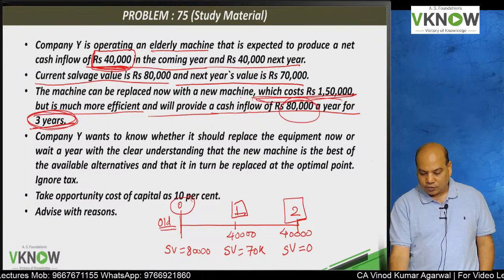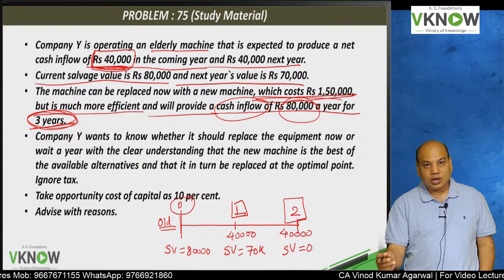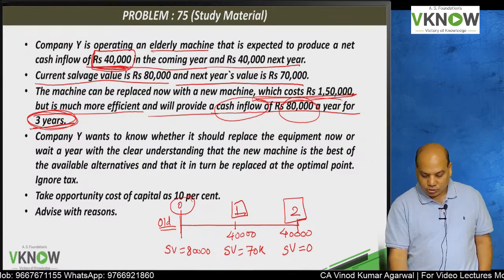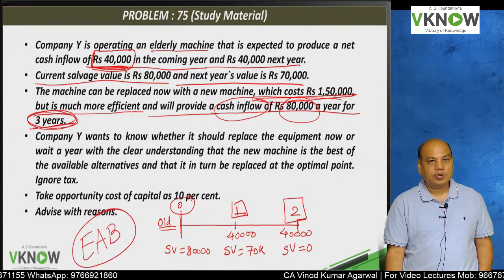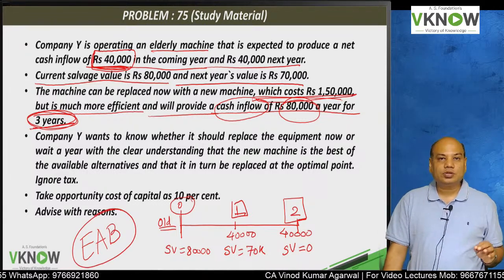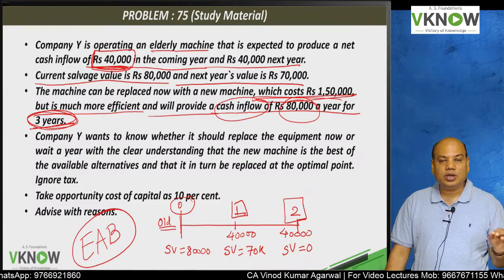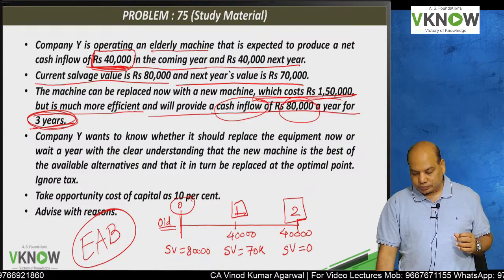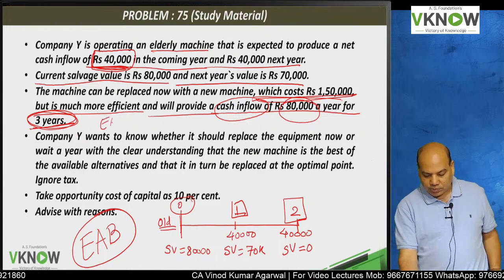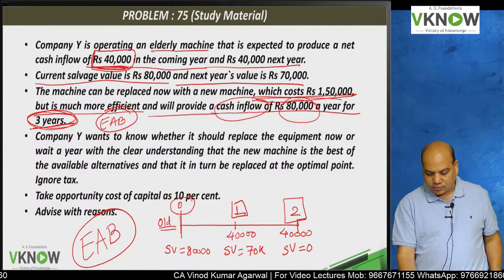The annual cash inflow is given. In this question we have to maximize EAB, not minimize. That is a difference. So I will compute the EAB of the new machine.